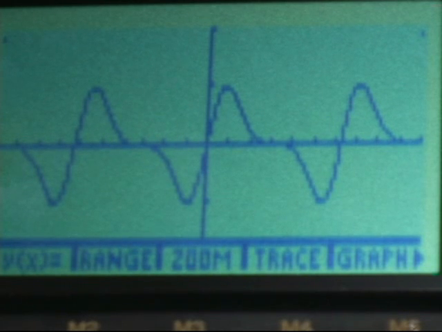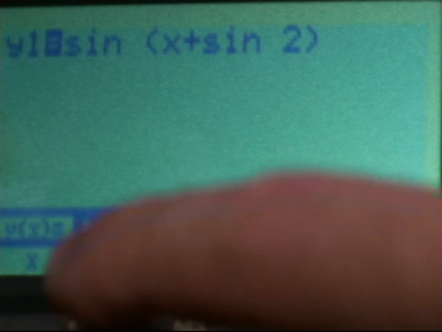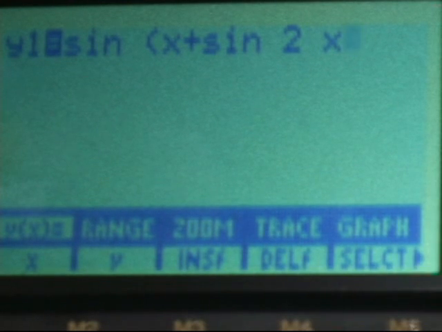Now let's see what happens if I change the frequency of the modulator to make it twice as high. So instead of sine x, let me say sine 2x, close parentheses. See what happens.